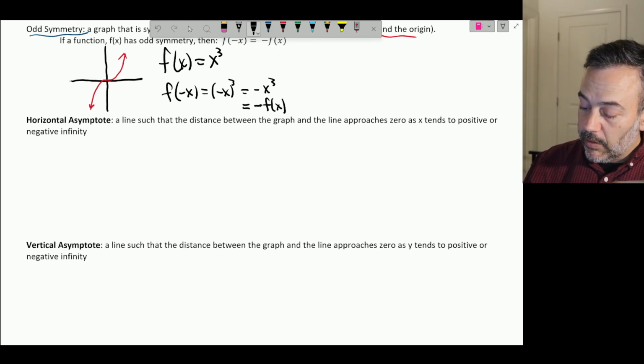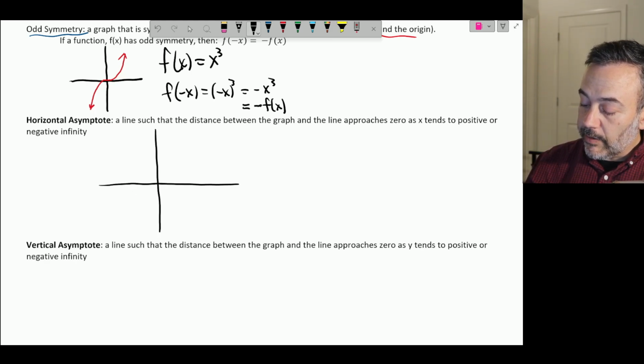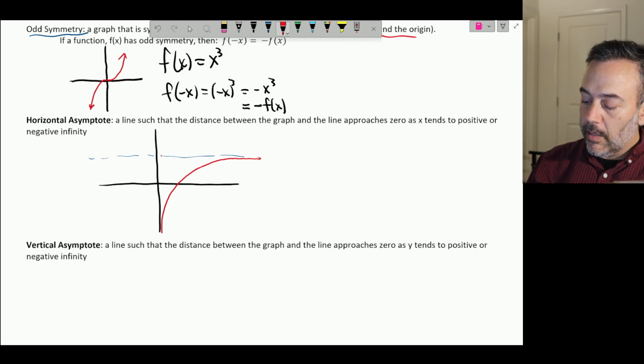Horizontal asymptote. A graph with a horizontal asymptote is a graph where the following happens. So here's an example. Suppose a function comes up and gets closer and closer to this horizontal line. Let's say this line is y equals 3. And let's say over here the graph comes down and gets closer and closer to this horizontal line.